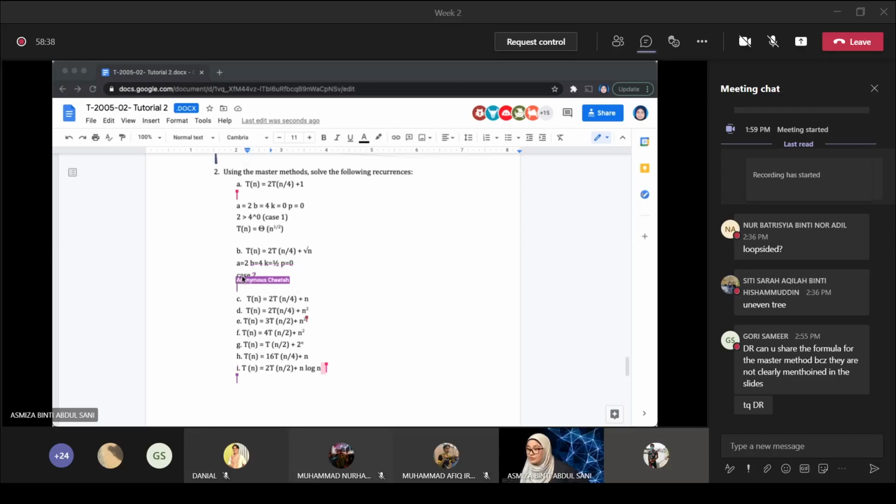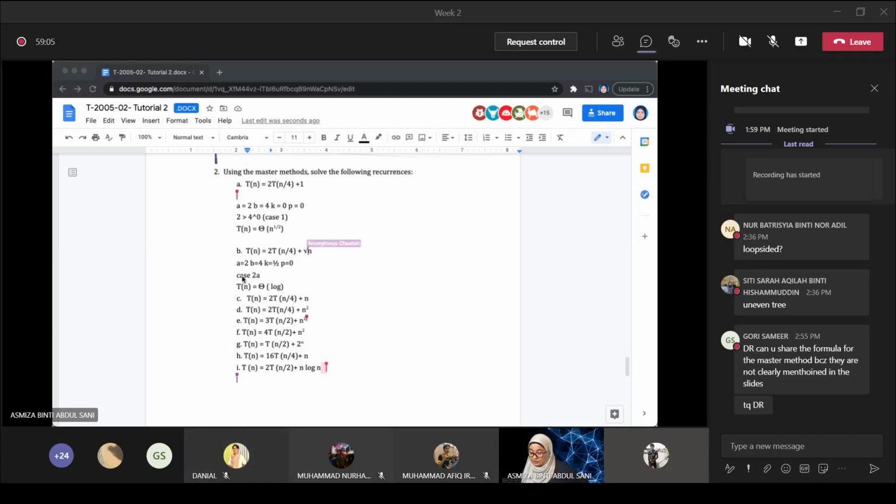So if it is case 2, what is the case 2? If we look at the formula, case 2, we have A, B, and C. So our P is what? P is 0. So case 2A, which one? A, B, or C? P is 0, so our P is bigger than -1, right? So we take 2A.